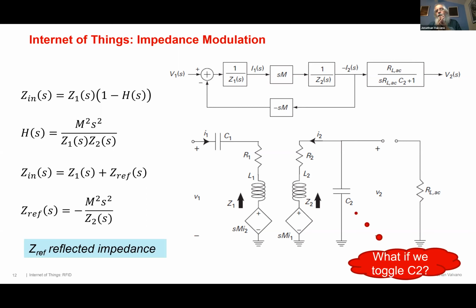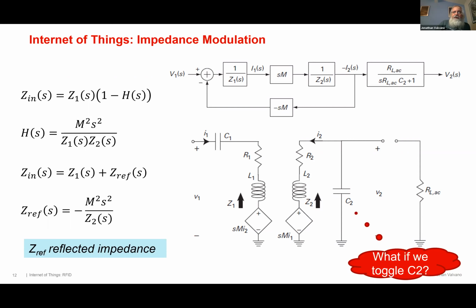And so there are lots of schemes in here to communicate from right to left to upload data. But what would happen if I could modify C2 just a little bit? Okay. So if you go back, Z2 is a function of C2. If I could, and R2 and L2 are fixed, we can't change them.